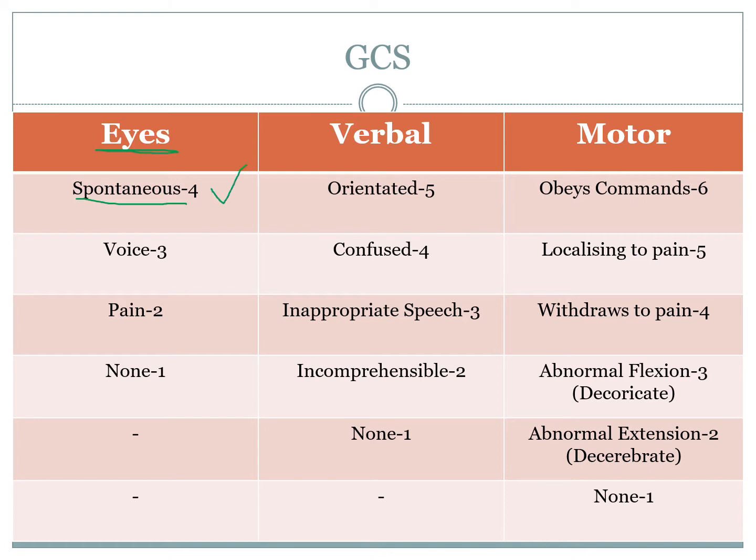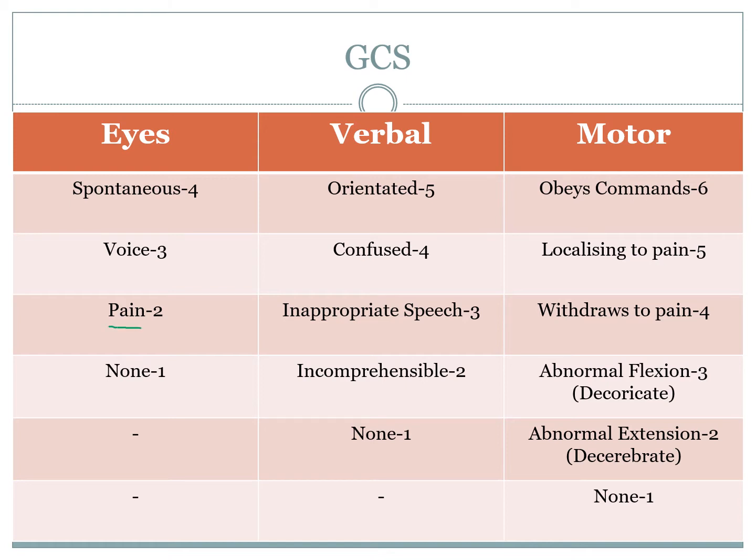So if you need to talk to someone initially to get their eyes open, and they stay open, they actually get a 4, not a 3. It's only when you have to continuously give someone verbal stimulus do they get a 3, which is eyes opening to voice only. We'll talk more about that when we connect it to AVPU, but that tends to be the confusion.